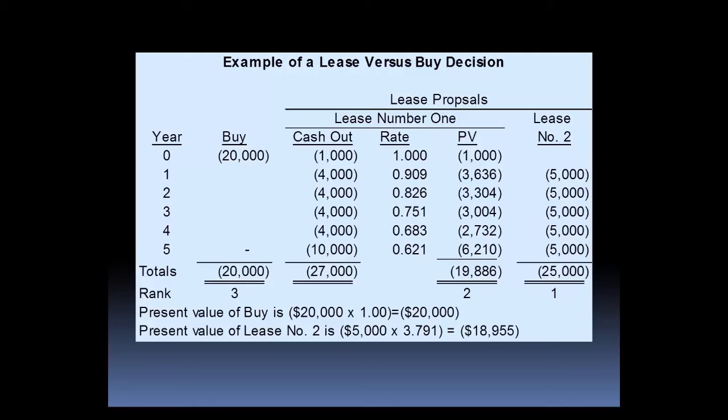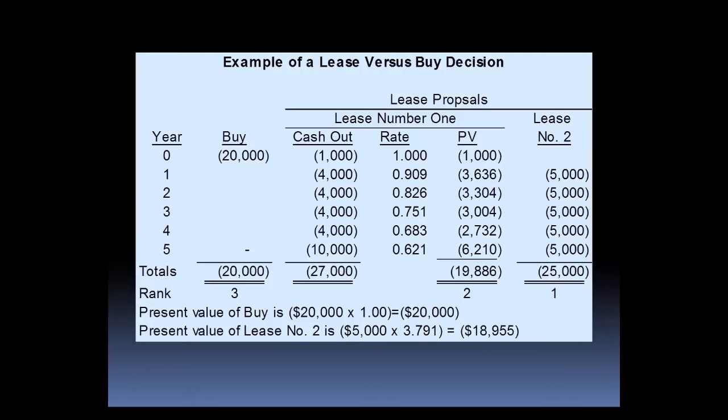Now, in this case, under lease number 2, we can use a different table where you have the same amount being paid out each year or being earned each year. You can use the present value of the annuity table, and that's what we're doing here.